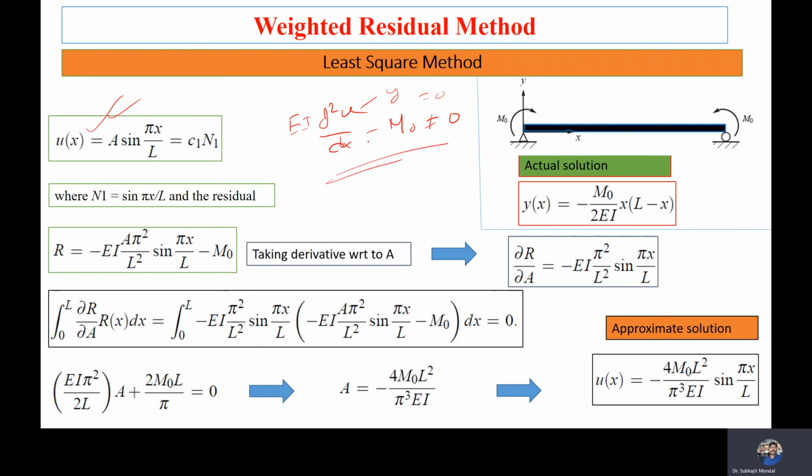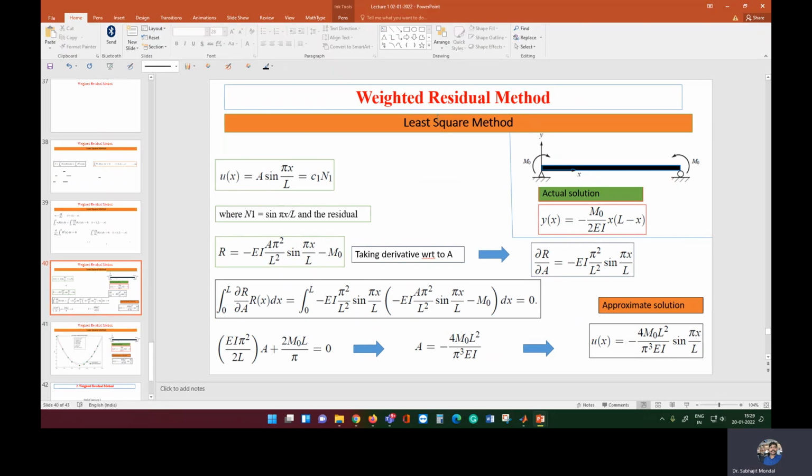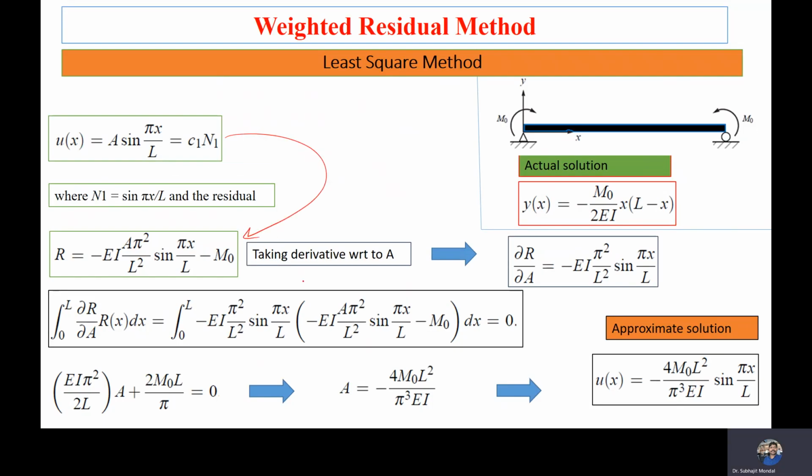So we get the error like this. We are basically making EI d²u/dx² minus M0 equal to our error.